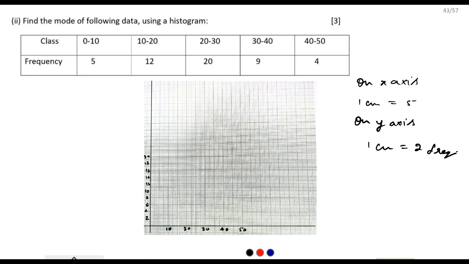First 0 to 10, 5, 10 to 20, 12, 20 to 30, 20, 30 to 40, 9, and 40 to 50, 4.